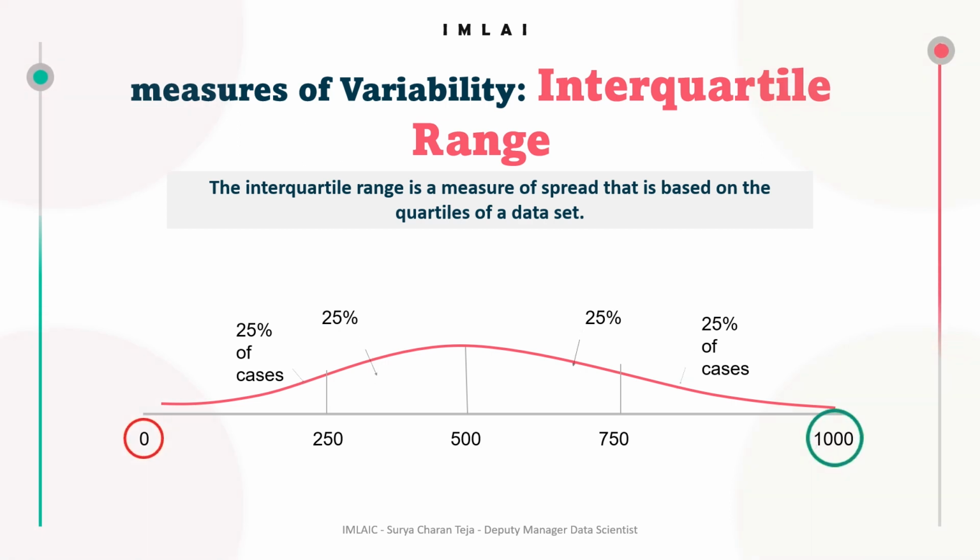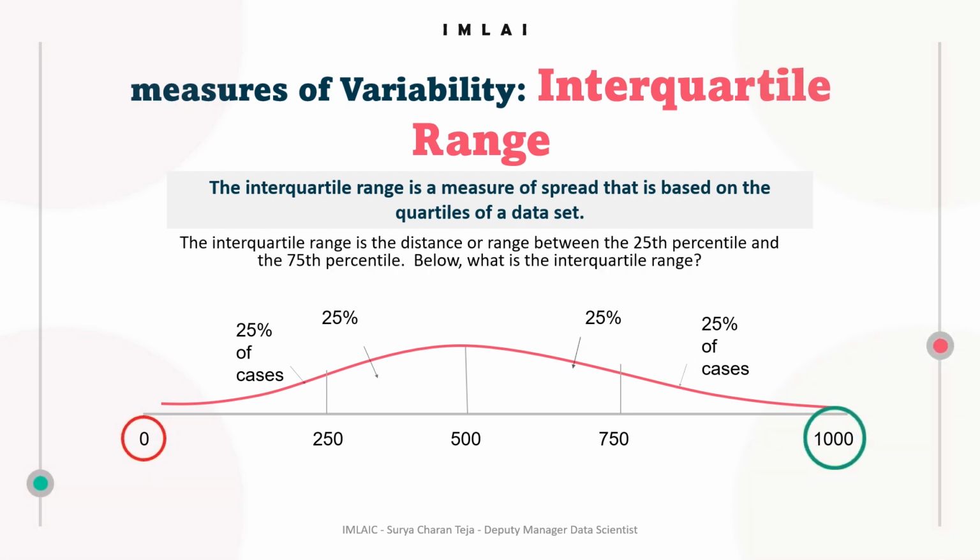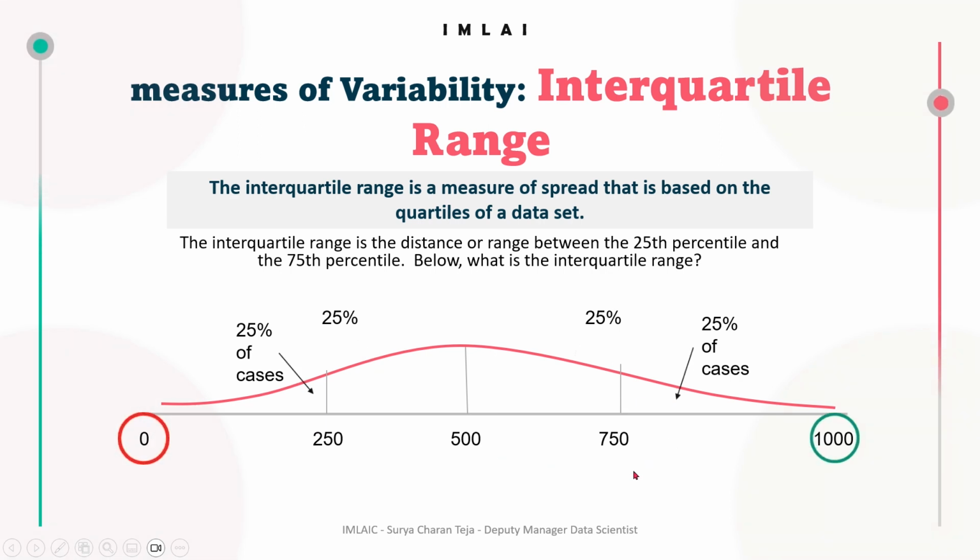Now the interquartile range. The interquartile range is the distance or range between the 25th percentile and the 75th percentile. So this is our 25th percentile, and this is the 75th percentile.